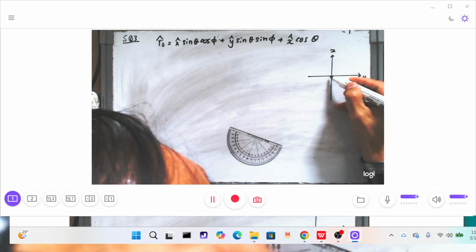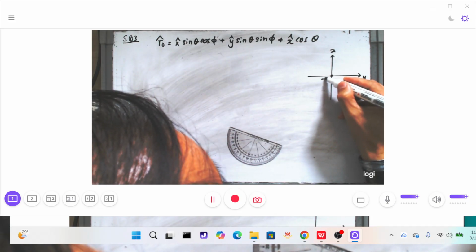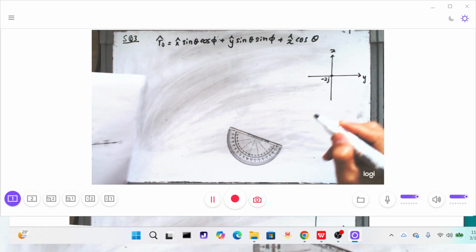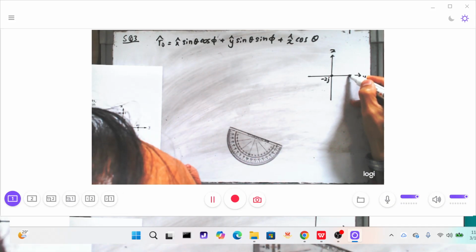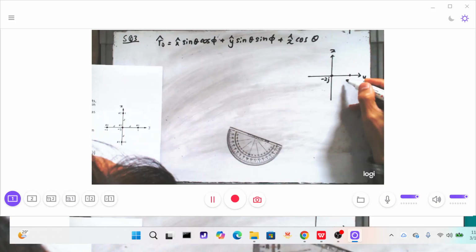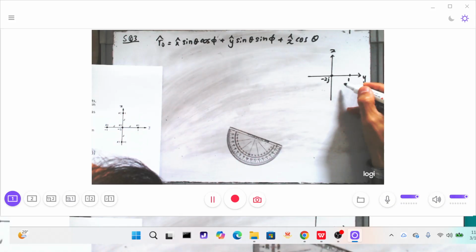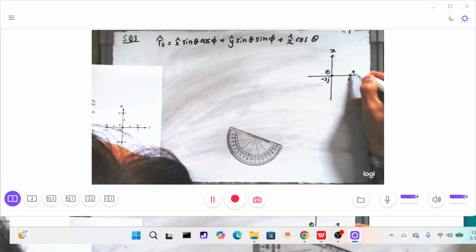We have an element in the middle, and it is driven by -2j. And right here, we have an element driven by 1. This antenna is 1. This antenna is 5.